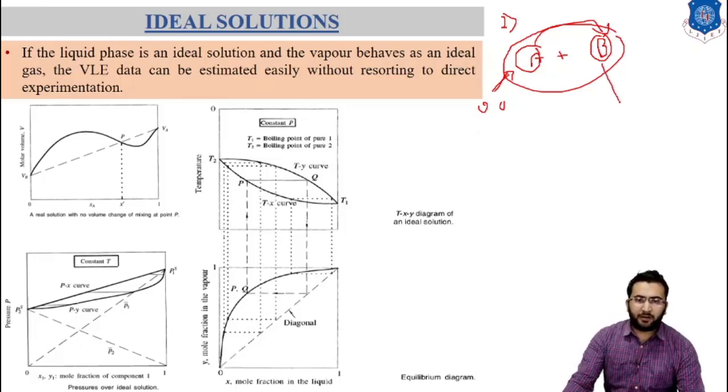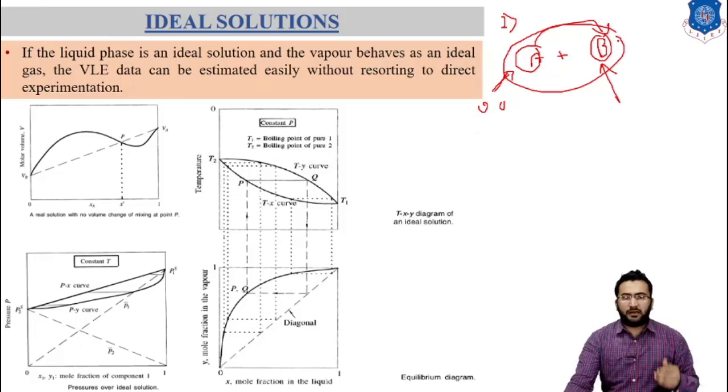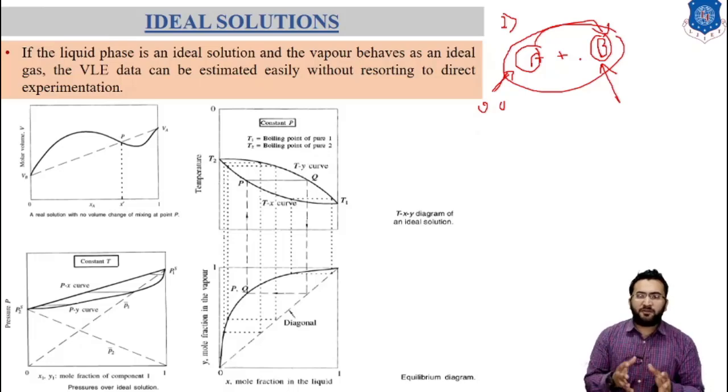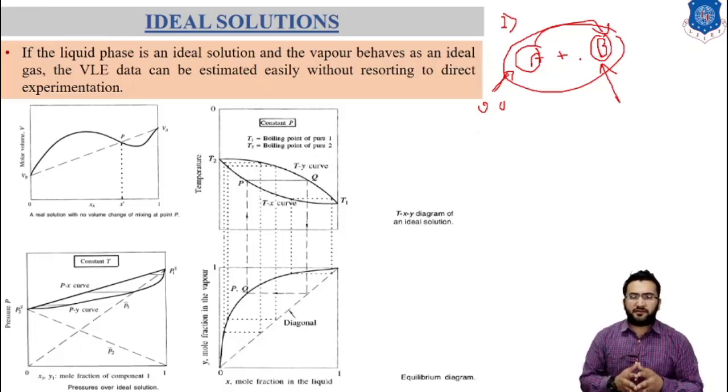Similarly for component B, the intermolecular force without mixing is the same as after mixing with component A. So there will be approximately the same intermolecular force in the mixture and in the individual components. Then we can say that these solutions are ideal solutions.